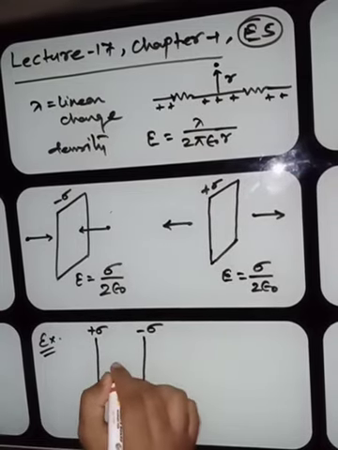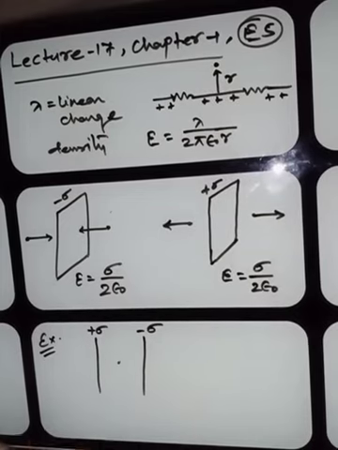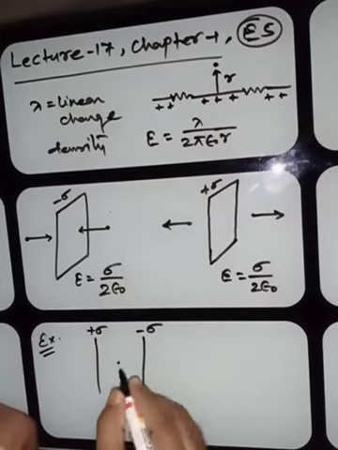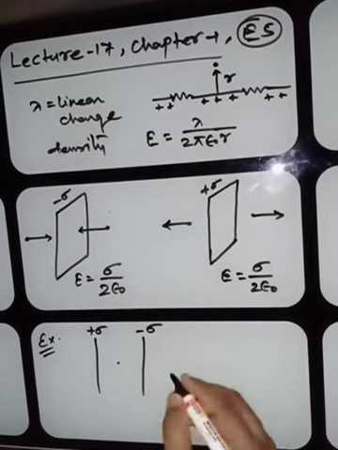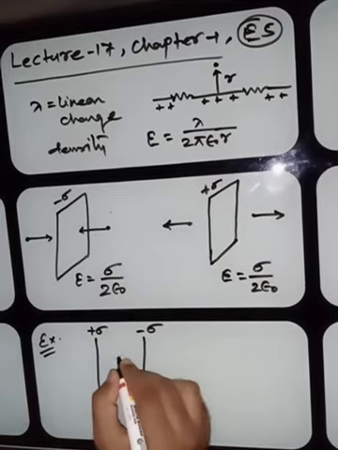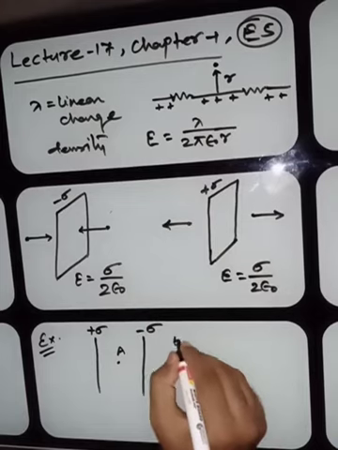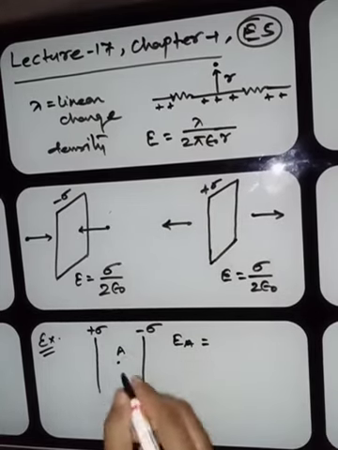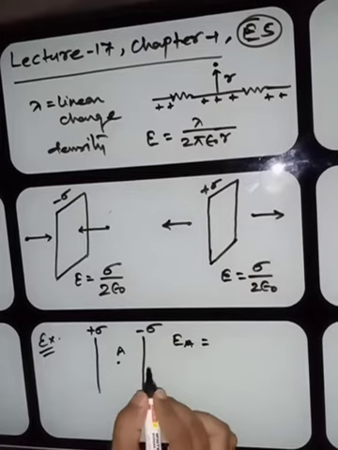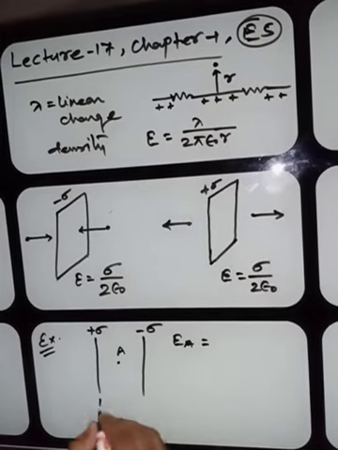You have to find the electric field at a point in between the plates. Students, try to find it. Call this point A. First of all you have to find the direction of the electric field due to the individual plates, plate 1 and 2.